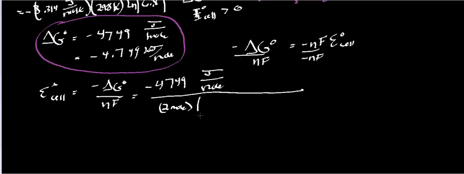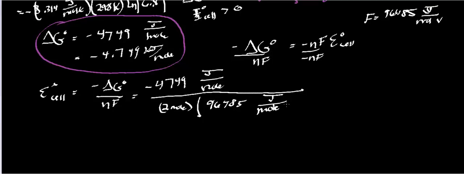And then I'm going to multiply that in the denominator by the Faraday constant F. So what is the Faraday constant? F is 96,485 joules per mole volt.